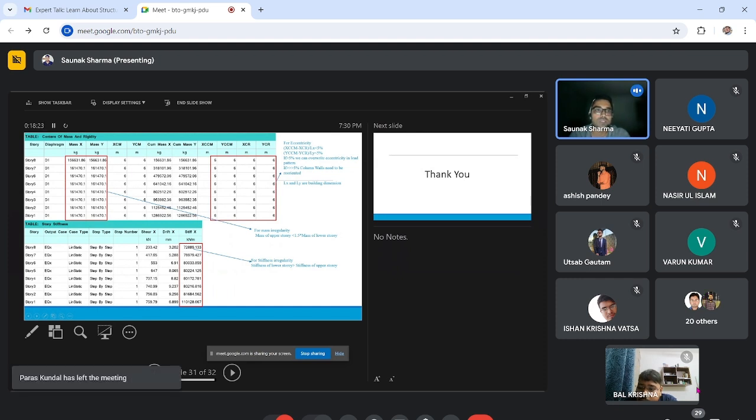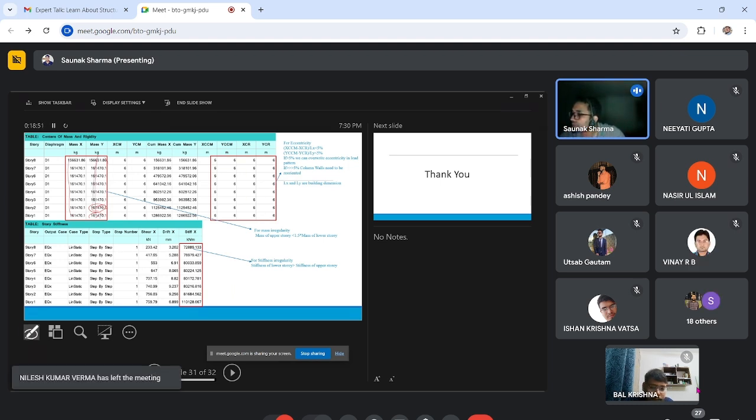Here are the masses of the stories. The code criterion says the mass of a story should not be greater than 1.5 times that of the story below. Upper floor mass should not be greater than 1.5 times the lower story.